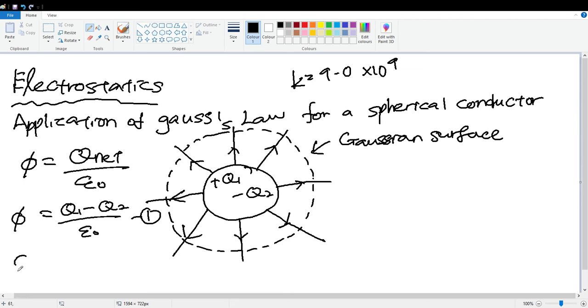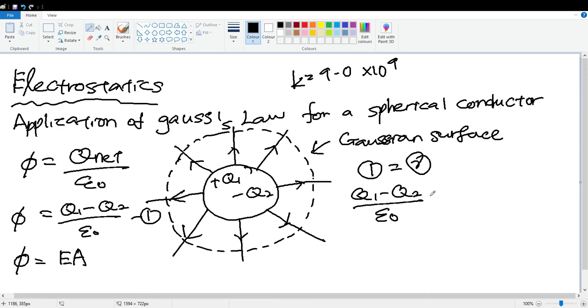As for the other electric flux, which is EA, we need not worry about the angle between the electric field line and the Gaussian surface, since both of them are perpendicular to each other. Equating 1 and 2, Q1 minus Q2 divided by epsilon naught equals EA. The area of the sphere is 4 pi r square.